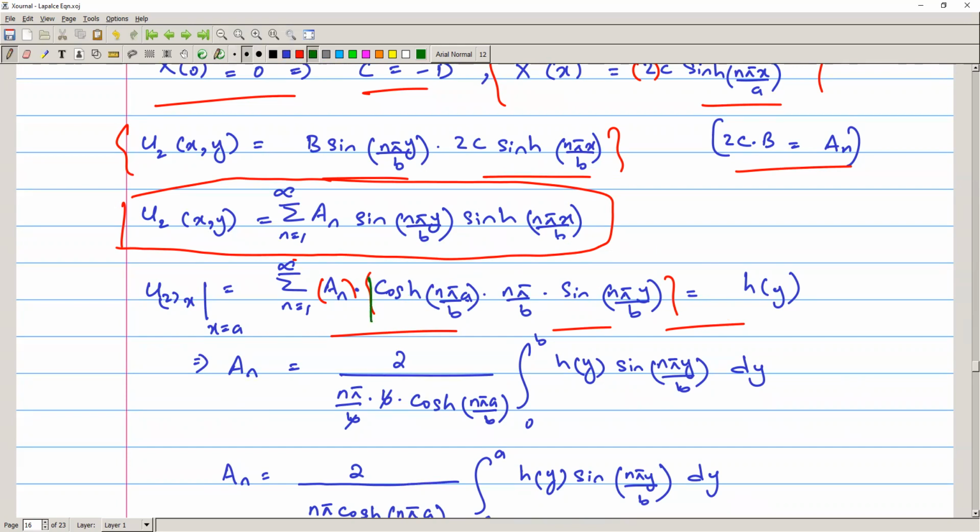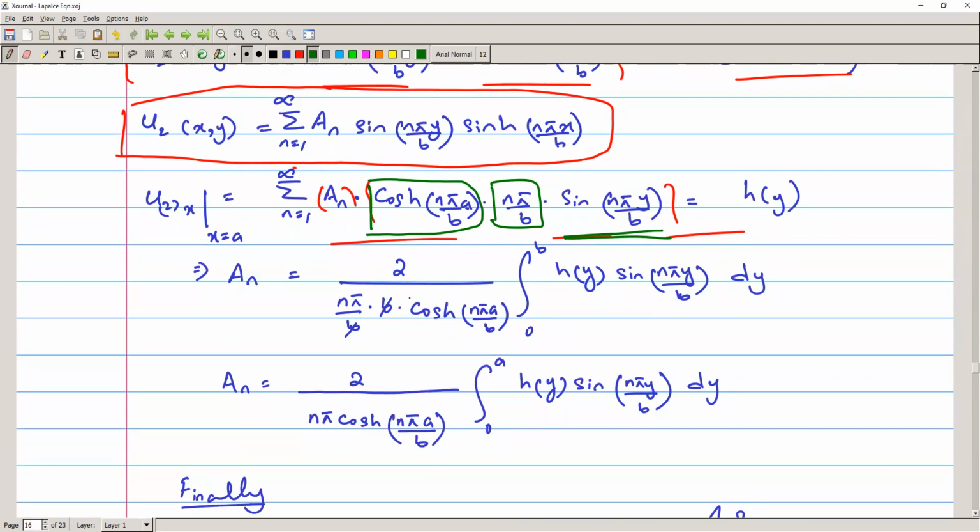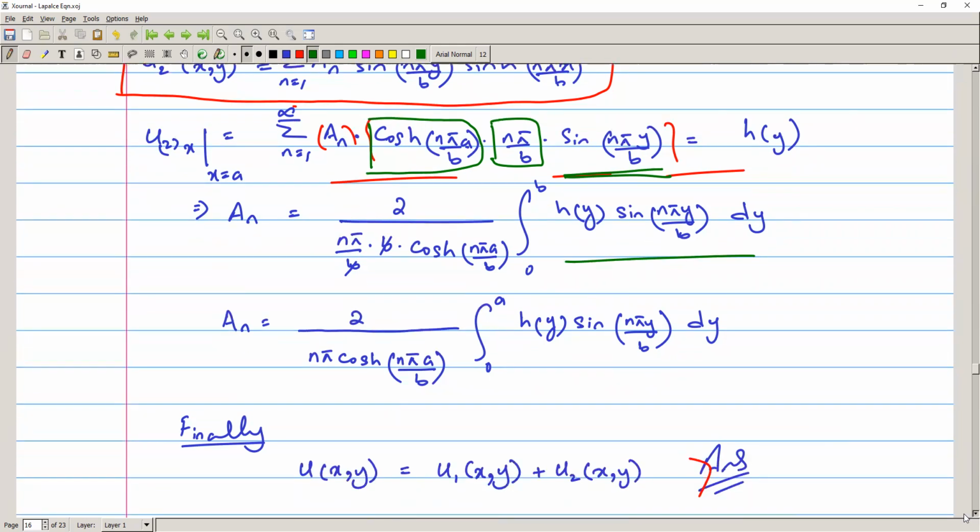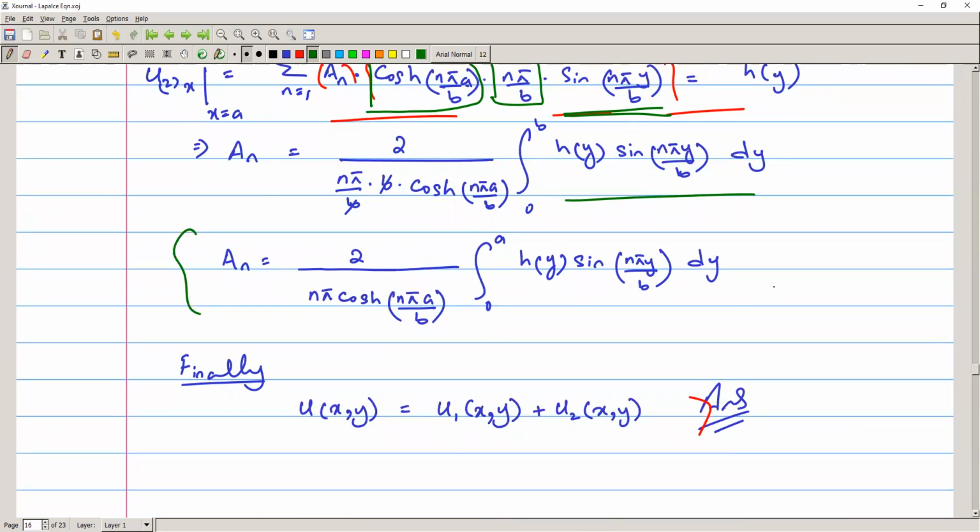I will make a rectangle here. This is constant, this is also constant, and this one we know will make a Fourier sine series, right? So here you can see it's 2 over n pi over b times b cosine hyperbolic n pi a over b, and limits 0 to b with this function, right? So we will integrate this function to get the value of an.